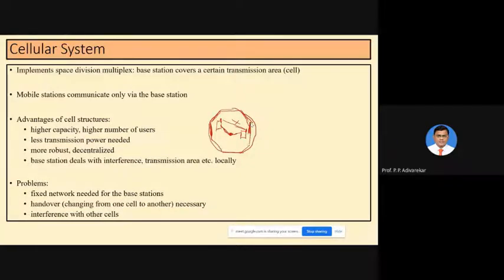Also, since the shape of the cell will be hexagonal, the transmission power required will be less as compared to the others, because as it is closer to the circular pattern, the size of a cell will be smaller compared to the entire coverage area. As the entire coverage area is divided into a number of cells, the transmission power required will be much lesser. Let's say we have a city like Thane.